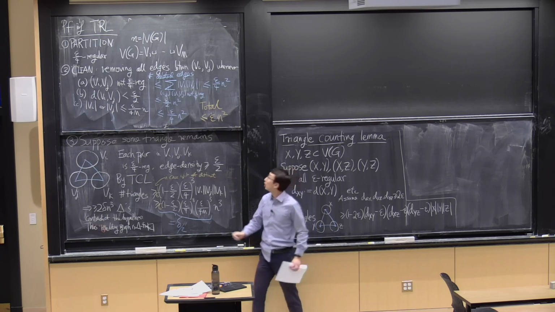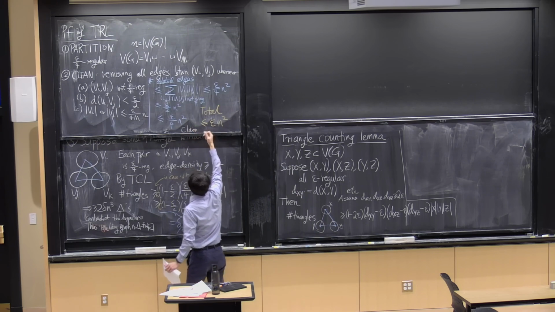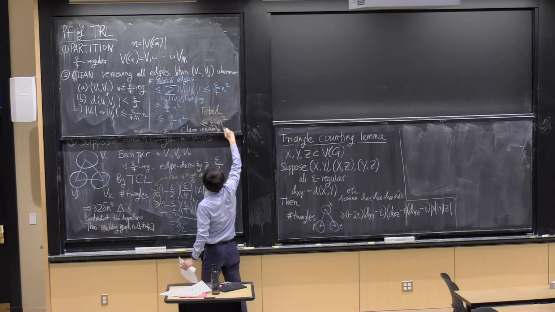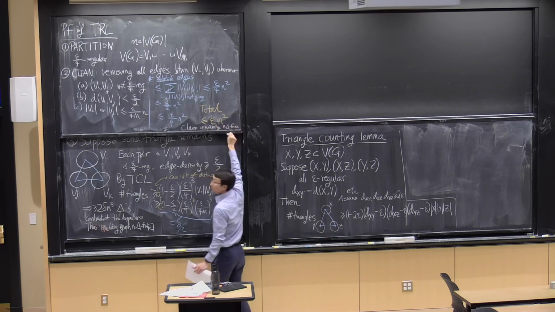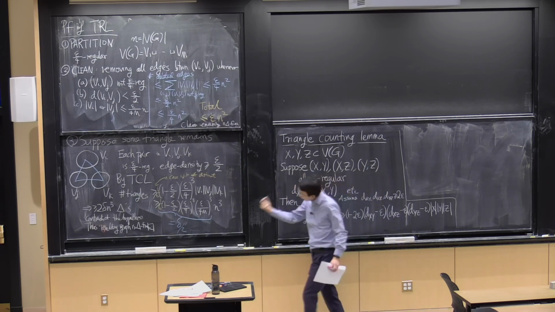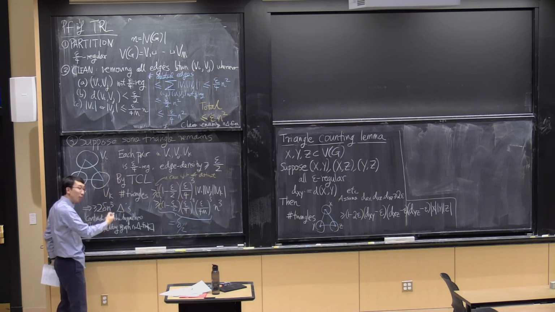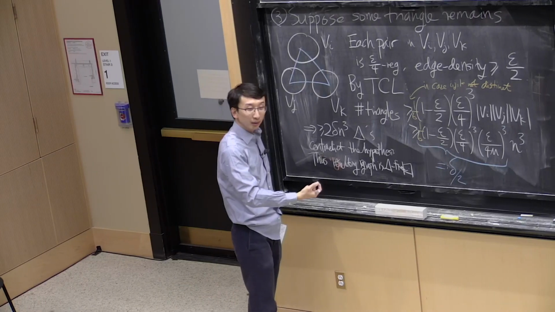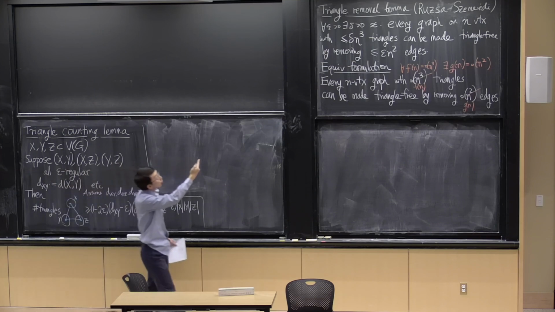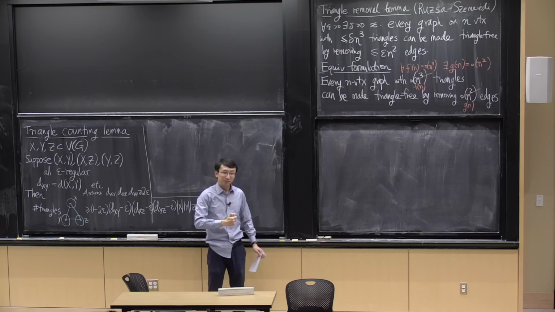And now I claim that the remaining graph is triangle free. If it were not triangle free, then it has some triangle, and the triangle counting lemma would tell me there are lots of triangles. And that would contradict the hypothesis where we assume that this graph G has a small number of triangles.